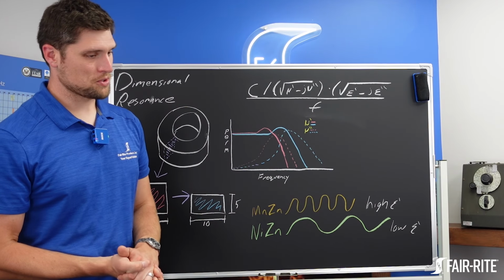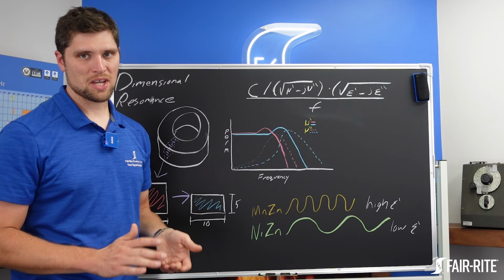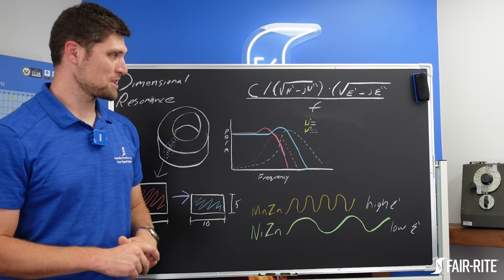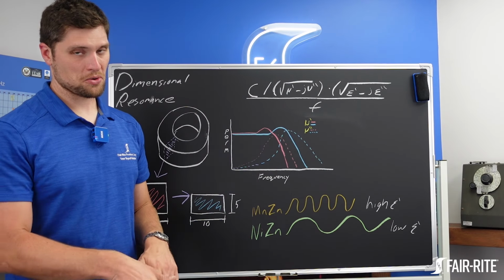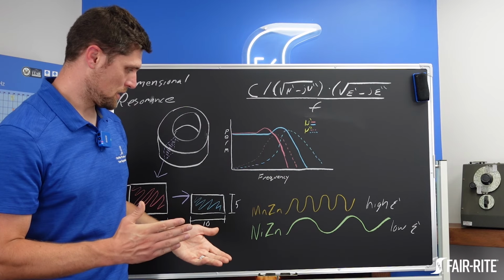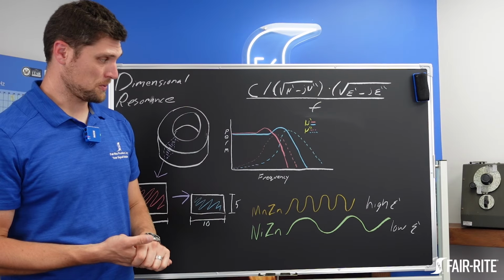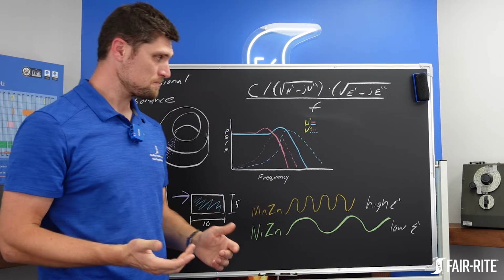Manganese zincs, however, when they're starting to operate in the megahertz range, high hundreds of kilohertz range, and especially in larger core sizes, this starts becoming a serious issue, and the losses at the core will shoot up. The inductance, if you're making something like an inductor, could drop off at a much lower frequency than you expect.